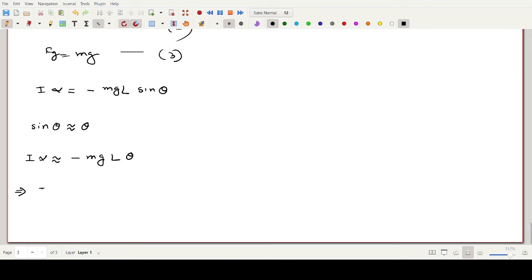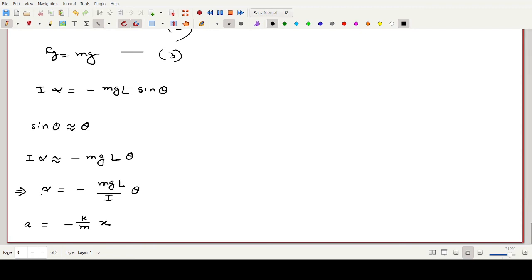Now from here we can write alpha equals minus mgL by I theta. So this is analogous to the simple harmonic motion equation that we have seen in the case of the spring mass system. In that case it was minus k by m x.